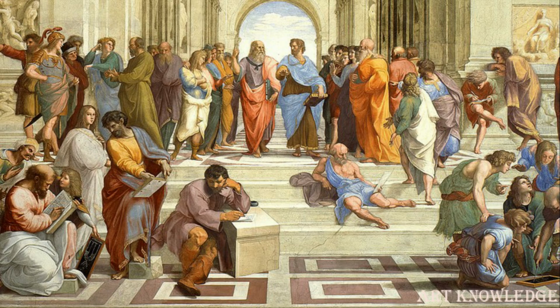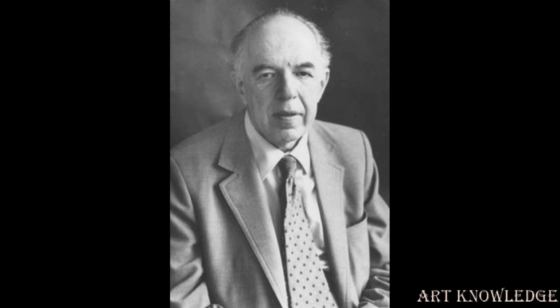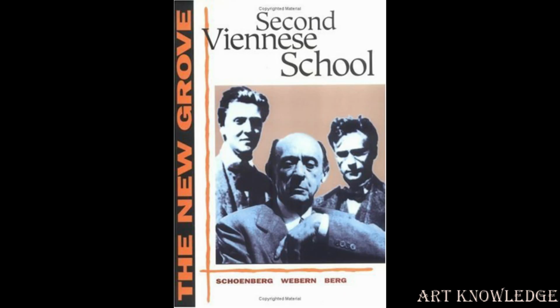A number of the most important 20th century art historians, including Ernst Gombrich, received their degrees at Vienna at this time. The term Second Vienna School or the New Vienna School usually refers to the following generation of Viennese scholars.